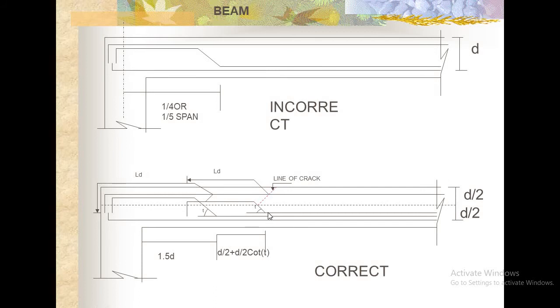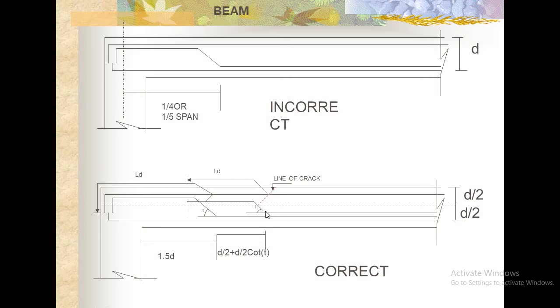Here you also need to provide an additional bending up like this one, because there is a chance of some cracks due to shear force. From the point where you have already marked 1.5 times D here, you need to provide additional bending up like this one.